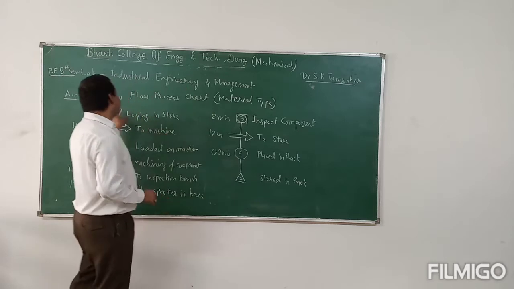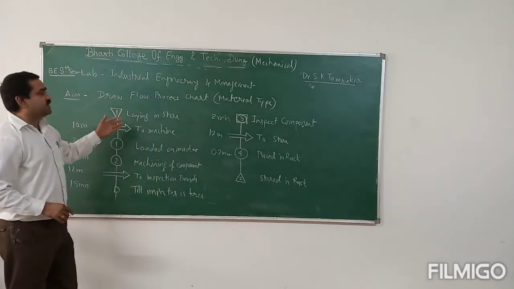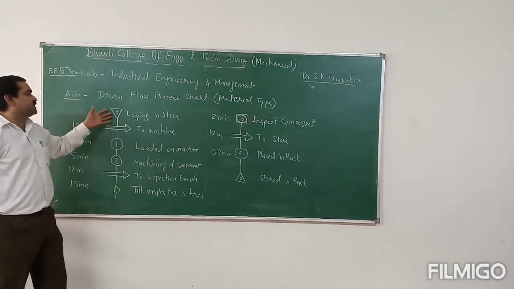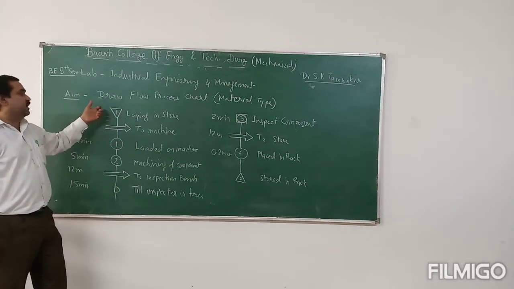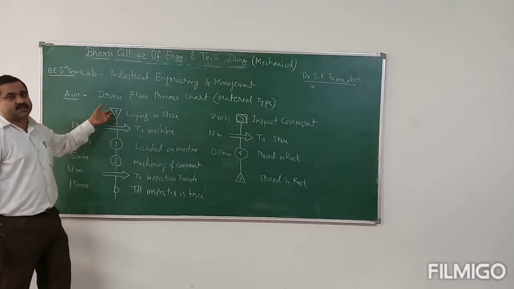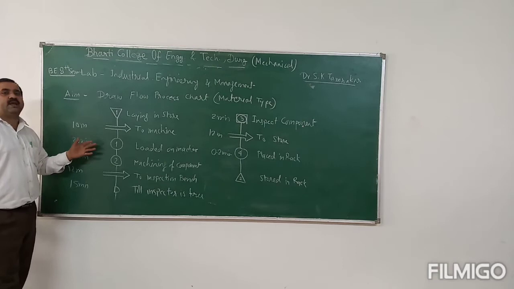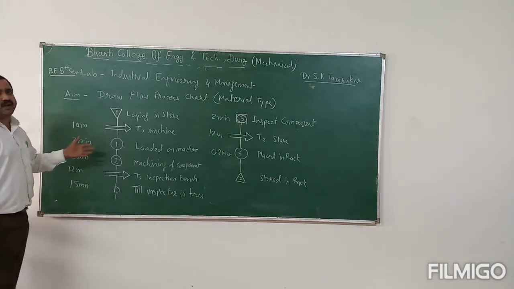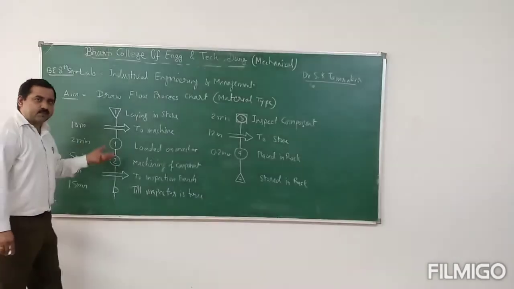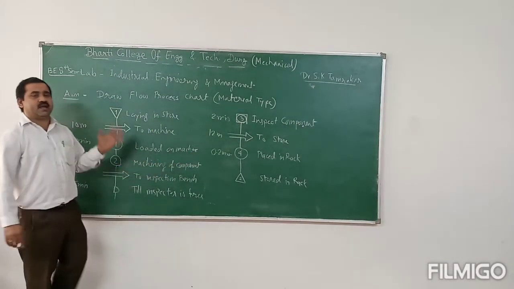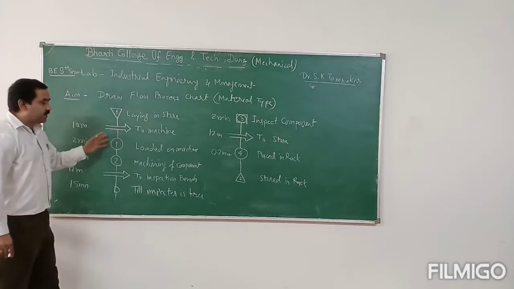So you have to make this flow process chart of the material type. Here from the starting, from the part stored, raw material stored in the store, and the working, that is loading on the machine, unloading, the inspection, transportation, everything is considered here for the calculation of the operation time.